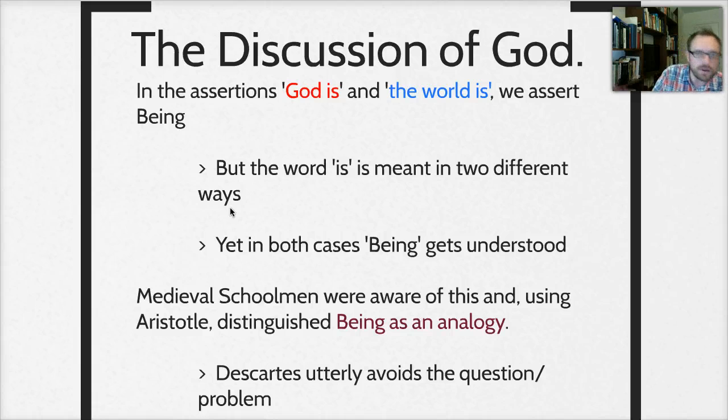Now, whether or not you agree with God's existence or you're an atheist doesn't matter at this point, because we're just articulating the difference of being that is meant by these philosophers. We're not saying that God is or isn't, right? But the word is getting meant in two different ways. So when I say God is and the world is, on the one hand, I'm still talking about being, and I'm understanding something about being, but I'm meaning it in a different way.